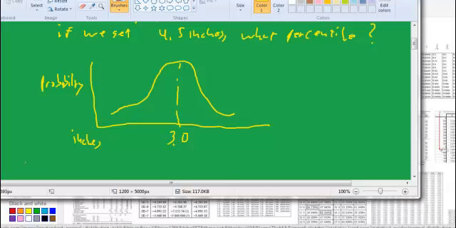We can only talk about the probability that, let's say, 2.90 is less than or equal to x, is less than or equal to 3.10. We can talk about an interval, but we cannot really talk about the probability of getting an exact number.